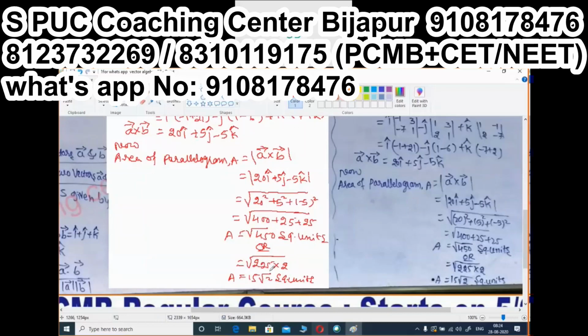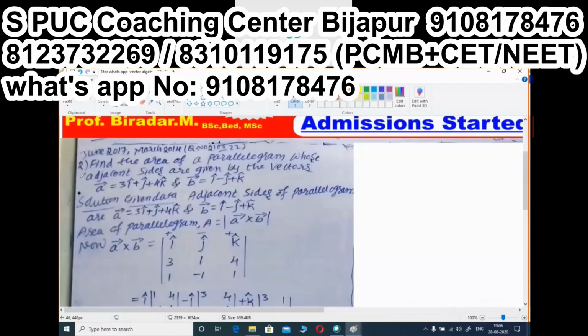Sir, clear. Okay. Let us note the second problem. This was asked in June 2017 and March 2014. Usually this question is going to appear as question number 21 or else 22. Okay, please note the problem statement. Find the area of a parallelogram whose adjacent sides are given by the vectors.